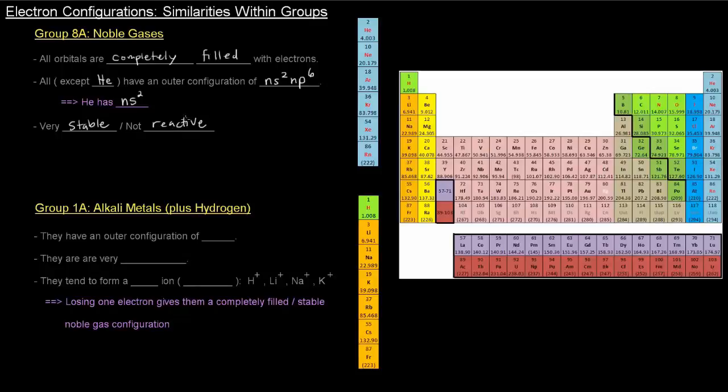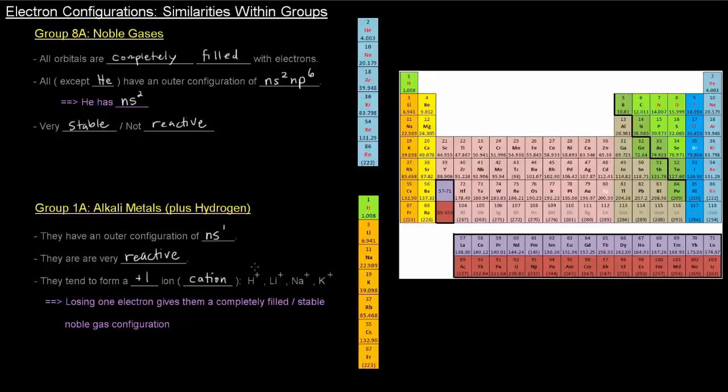The group 1A elements, the alkali metals, including hydrogen as well, have an outer configuration of ns1, and they are very reactive. In fact, they all tend to form a +1 ion, specifically a cation. Cations are positive ions.